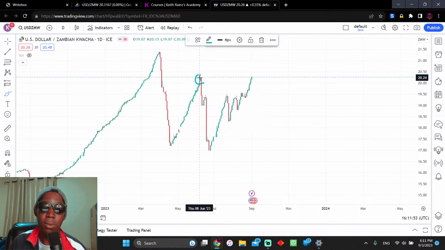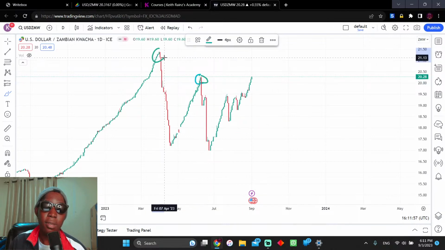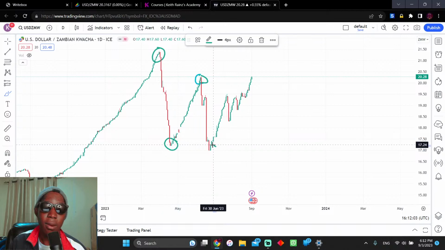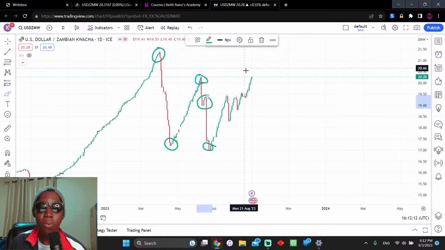I'm going to mark it with this. And we've got this area of interest here, and we also have this area of interest here, and this one, and lastly, finally, we've got the last area of interest, which is this line here.